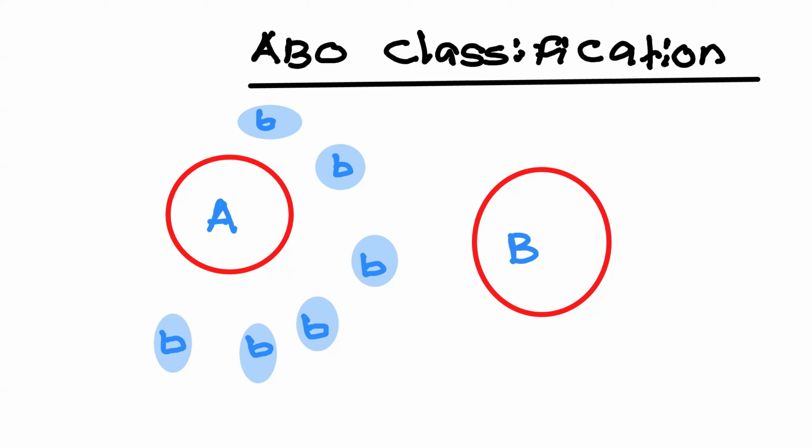What are the components on the inner side, antigen or antibody? Antigen. Right, antigen. Antigen is on the inner side, actually on the surface of the red blood cells.